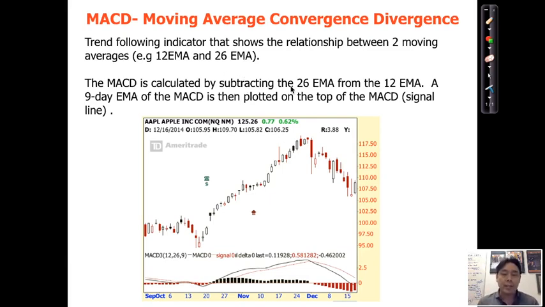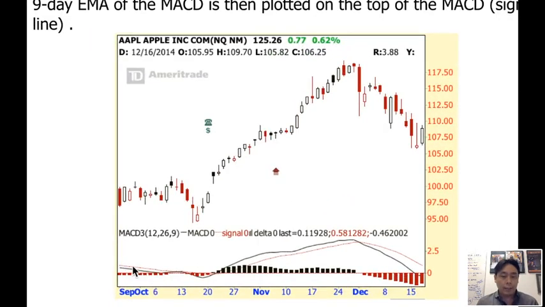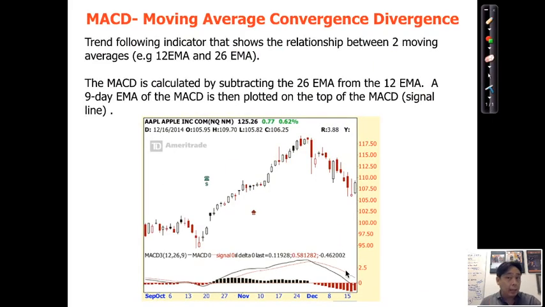So subtracting the 26 EMA from the 12 EMA, you get that black MACD line, okay? And then you take a 9-day exponential moving average of that MACD line, and you plot it on top of the MACD, and you get this red dotted signal line. So that's how these two lines are created, the MACD line and the signal line.